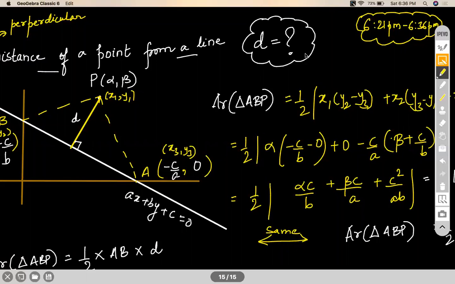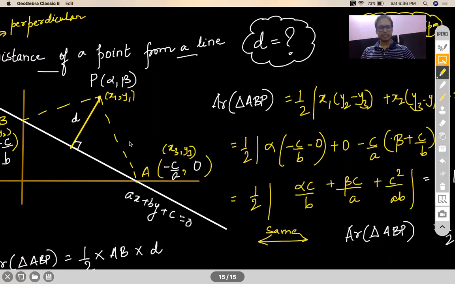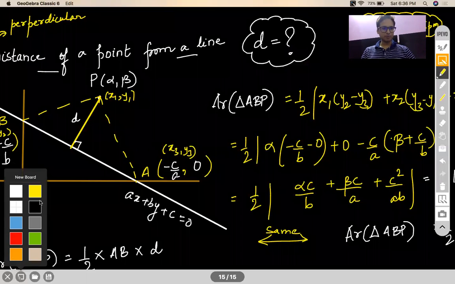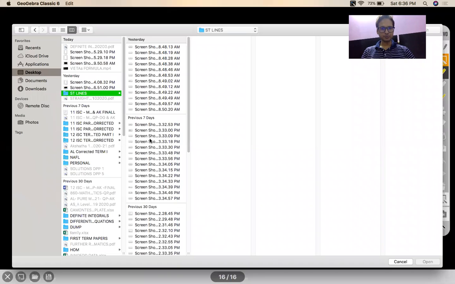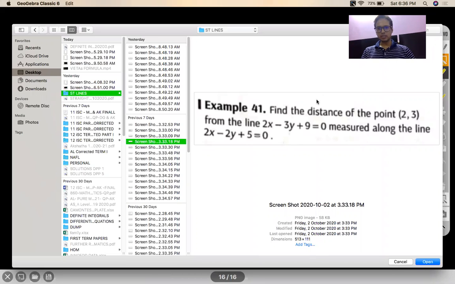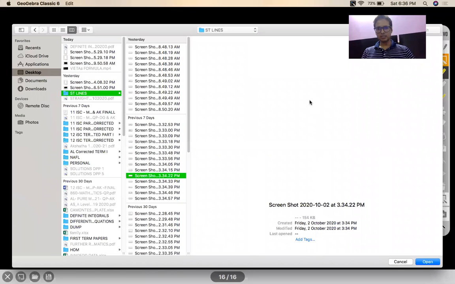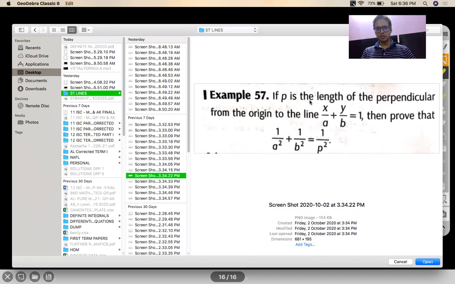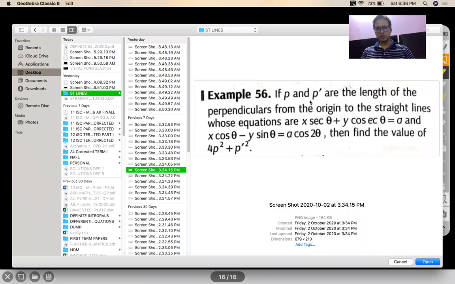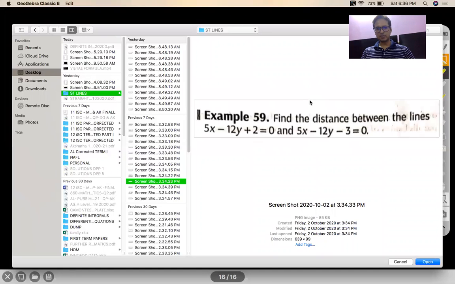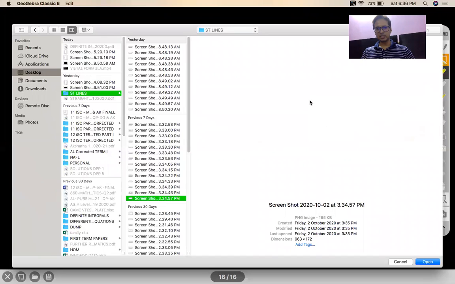Okay, let's start with some problem solving on the concept of distance of a point from a line. So let's take some questions. Okay, let's start with this question.